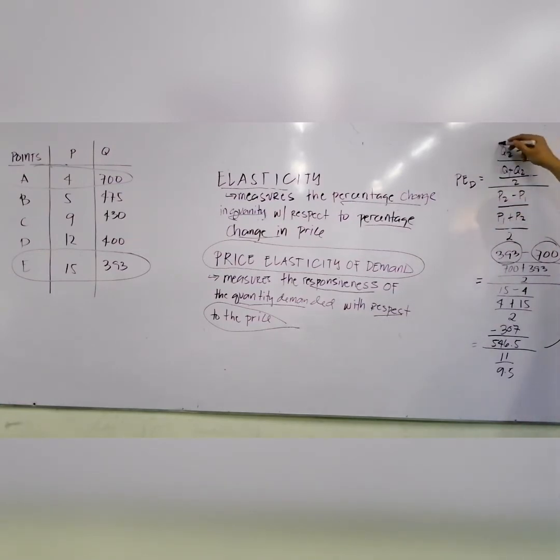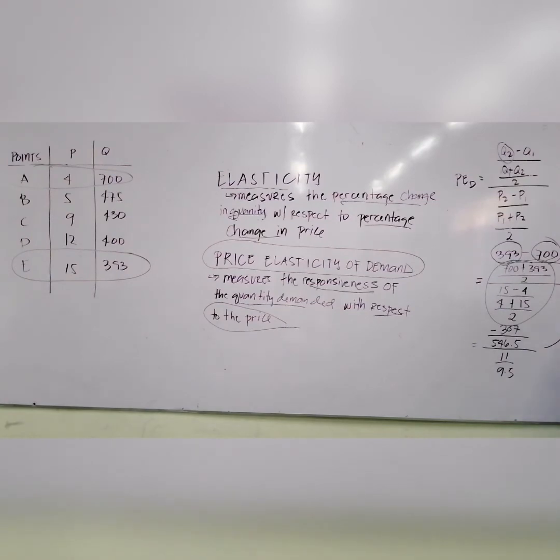So our Q2 is what? 393. Our Q1 is 700. Okay? So you do the process, and the answer from this is negative 307 over 546.5, over 11 divided by 9.5. So the final answer here is negative 0.48.